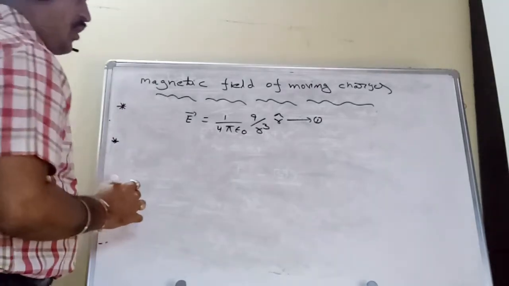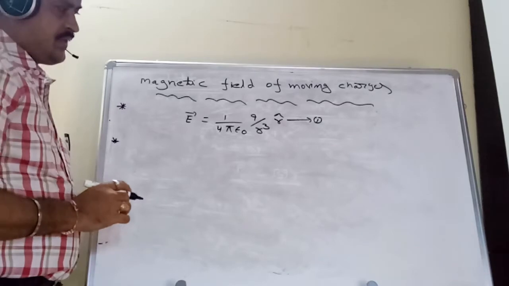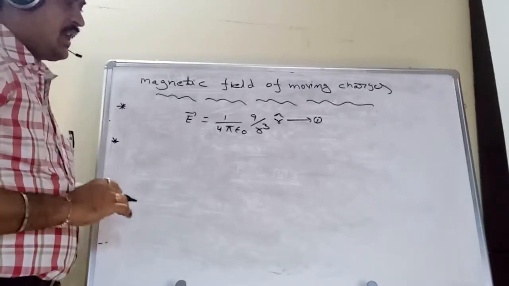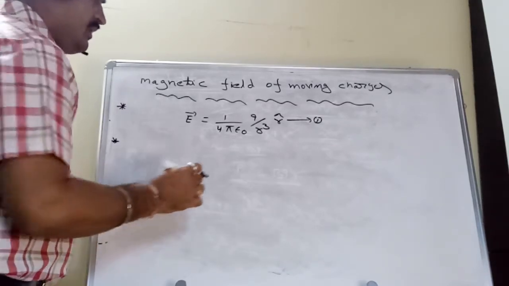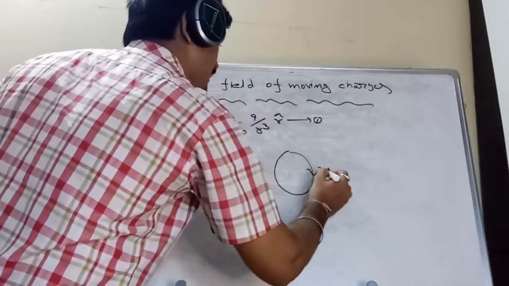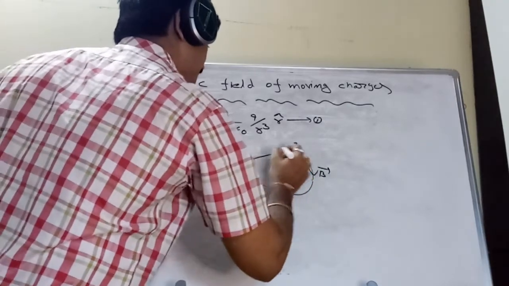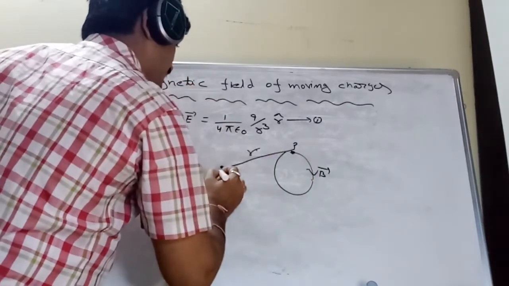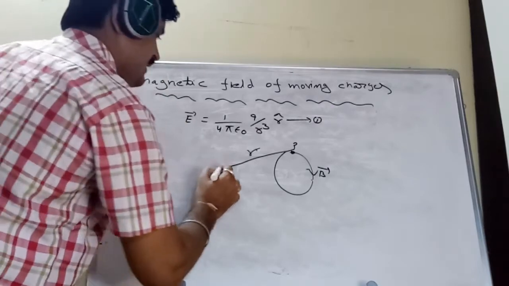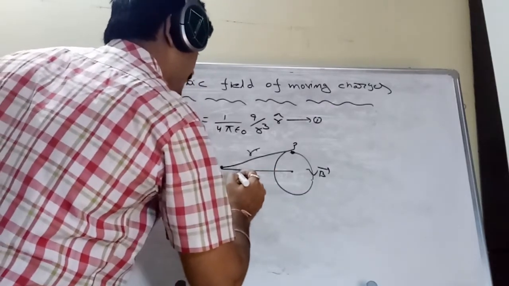Now the charge is in motion, observer in an inertial frame. Both electric field and magnetic field are present here. B bar is the magnetic field at point P, with the charge q at distance r. The velocity of the charge is v bar.